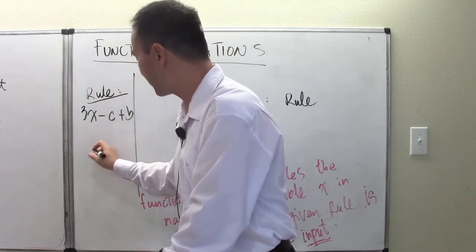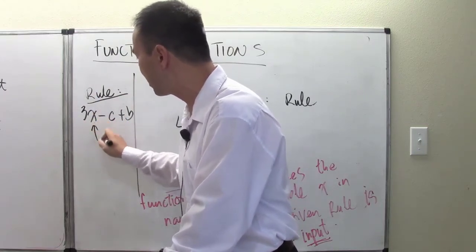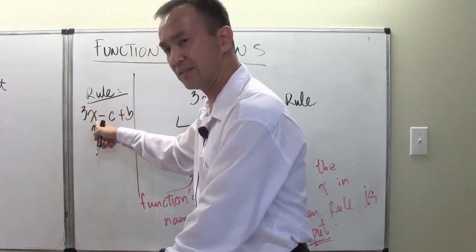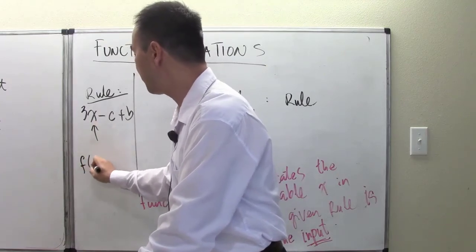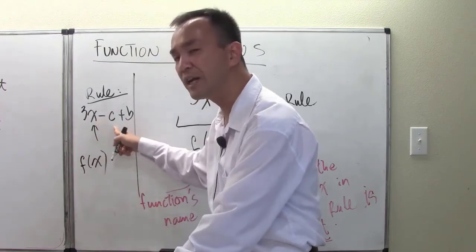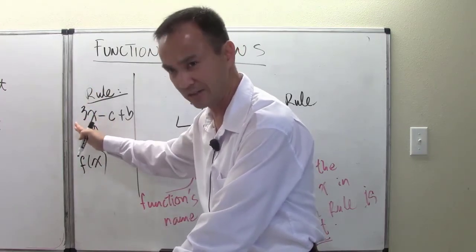But if you would like your viewers to understand that x is the main input, then you write this rule as f of x. That's why the x here is important, because out of the three available letters, they're all variables.